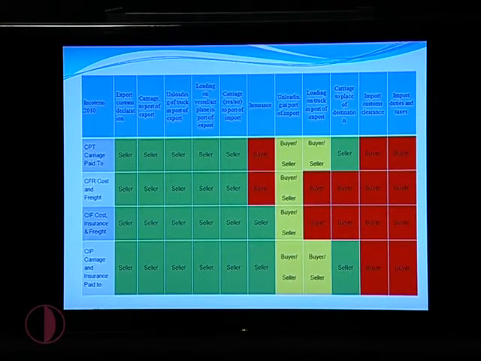Group C, main carriage paid by seller, main carriage paid, transfer of obligation at the arrival terminals for the main carriage. The seller must contract for the carriage of the goods, but without accepting the risk of accidental loss or the damage to the goods.